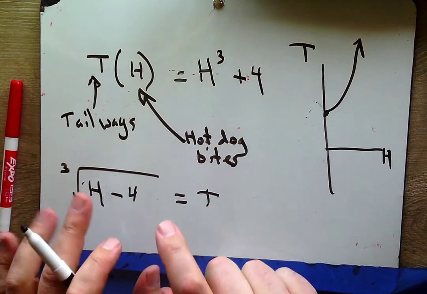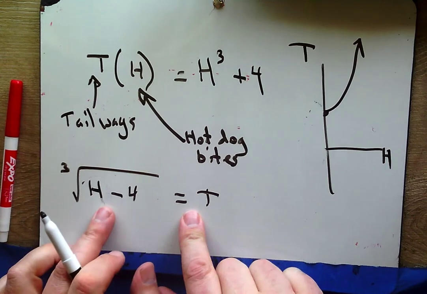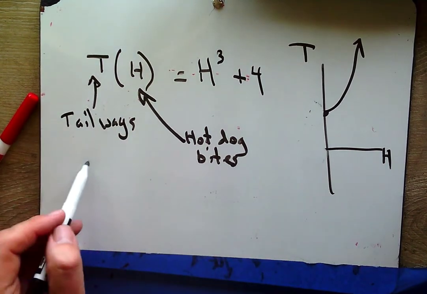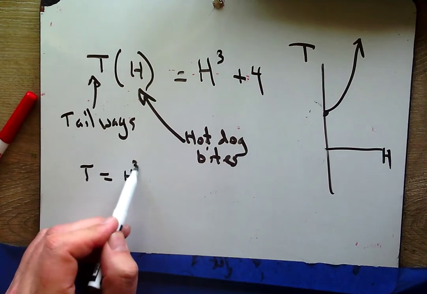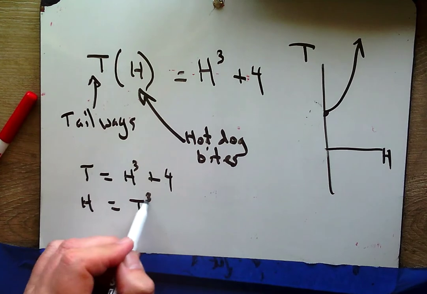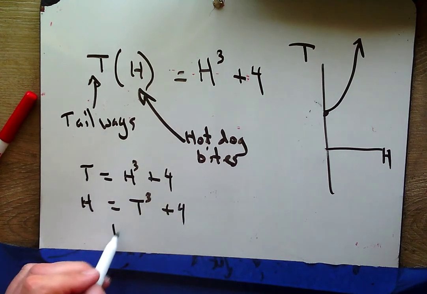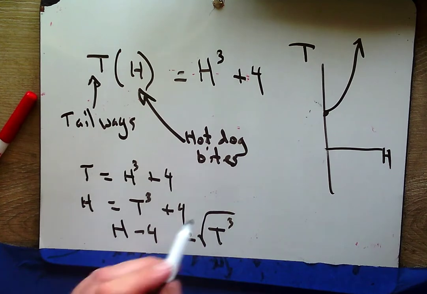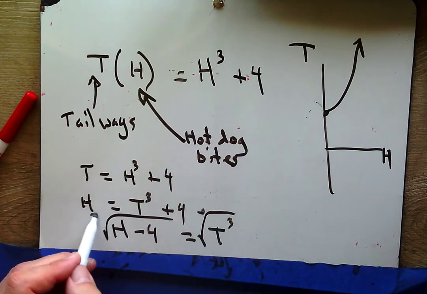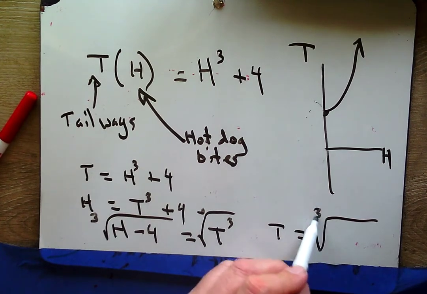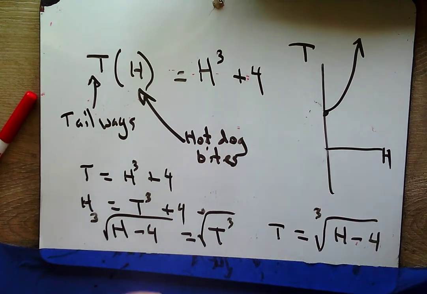Well, I think the person who comes up with this did this. We were looking at t equals h to the third plus 4. Then they said h equals t to the third plus 4. They said h minus 4 equals t to the third, and they took the cube root of both sides. And so now I know that t equals cube root of h minus 4.